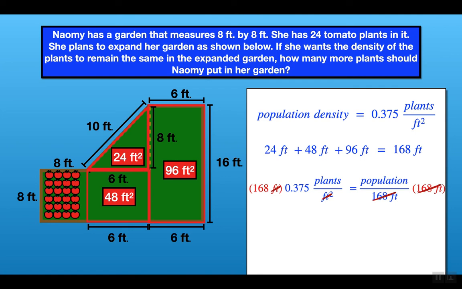On the left-hand side, when we multiply 168 by 0.375, that gives us our answer, which is 63 tomato plants. That's how many tomato plants Naomi can plant in order to maintain the same density that she had at the beginning of the question in her initial garden.